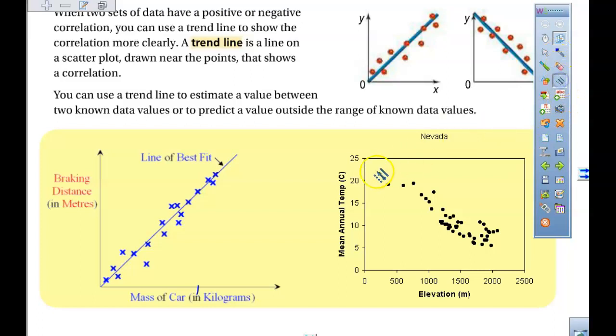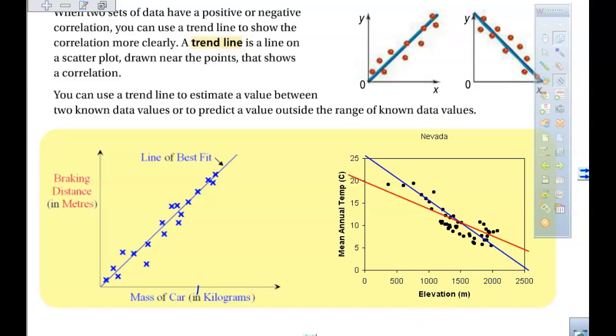So take your line so that half the points are above and below. If someone had a line like my blue line up here, that would probably be okay. Someone else could have had a line that went maybe more like this one. You have half the points above or below, so just draw your line.